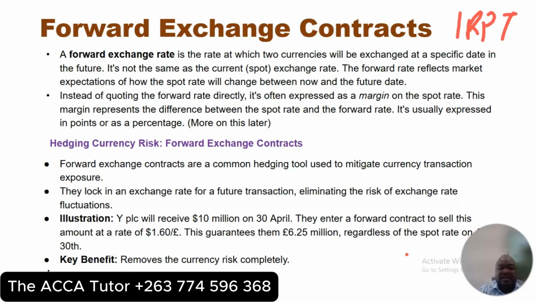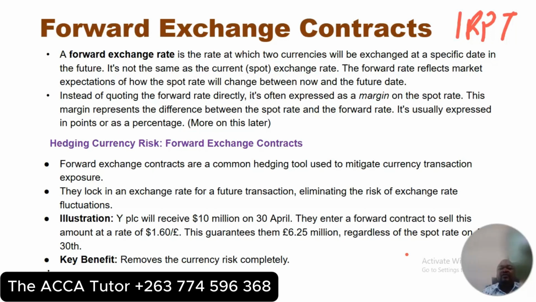It actually is used to forecast this exchange rate. So a forward exchange rate is the rate at which two currencies will be exchanged at a specific date in the future. All right, so it's not the spot rate, it's not a spot exchange rate.